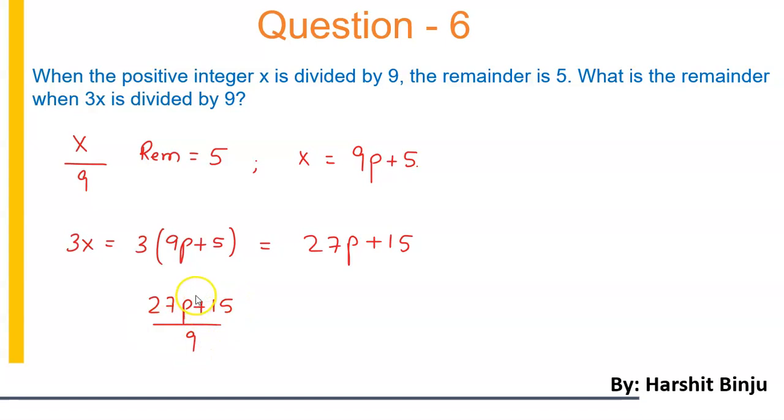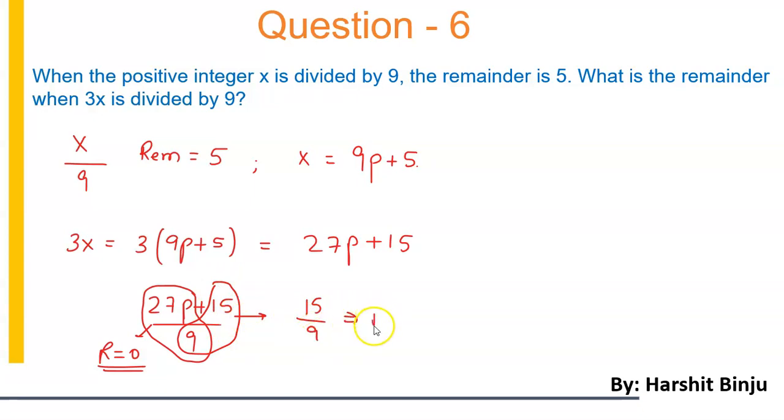Now from 27p divided by 9, you will not get any remainder, because 27 is a multiple of 9, so the remainder will be 0. The only remainder that you can get is from 15 by 9. When you do 15 by 9, your remainder will simply be 6. That's the answer that you're looking for.